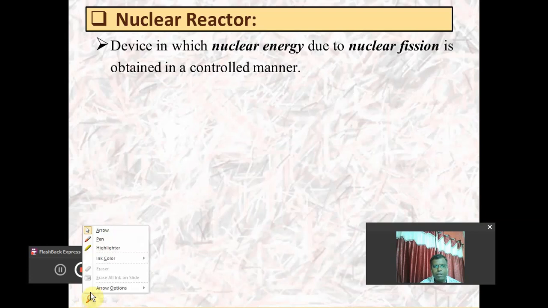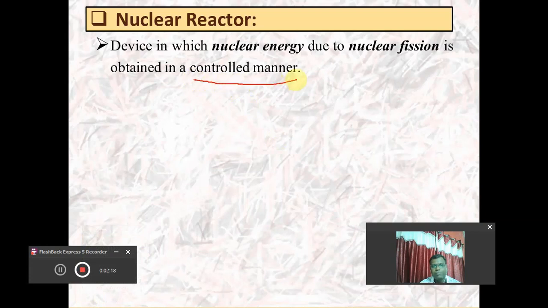If any nuclear reaction is not carried out in a controlled manner, then definitely the same nuclear reaction can be very dangerous. You know very well, in the last part we discussed that a nuclear reaction is a chain reaction, because the neutrons obtained in one fission are responsible for the fission of other nuclei, and that's why their number must be controlled.